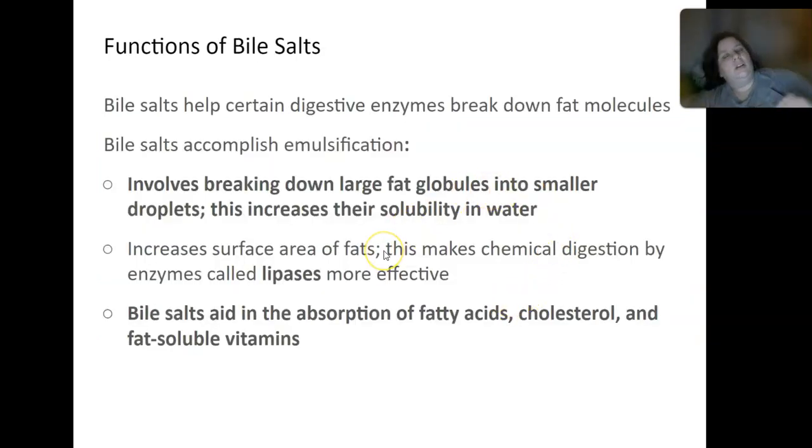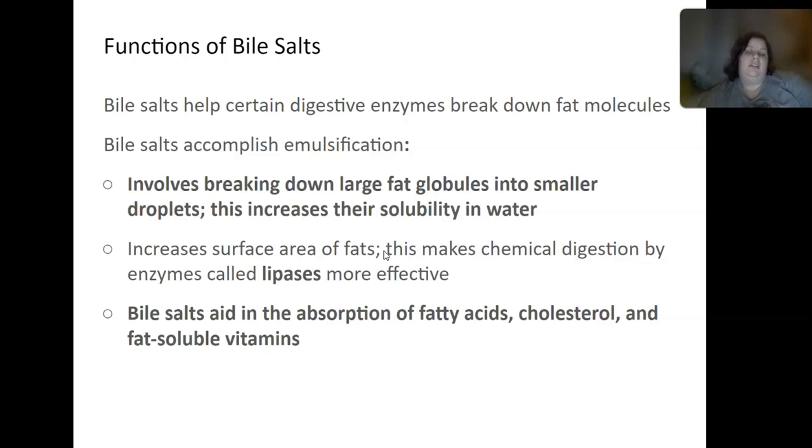All right. And what is a bile salt? Remember, it's the only part of your bile that helps with digestion. So bile salts help digest fat molecules. Bile salts accomplish emulsification. So it means it breaks everything down into essentially water. So it involves breaking down large fat globules into smaller droplets that increases their solubility in water.